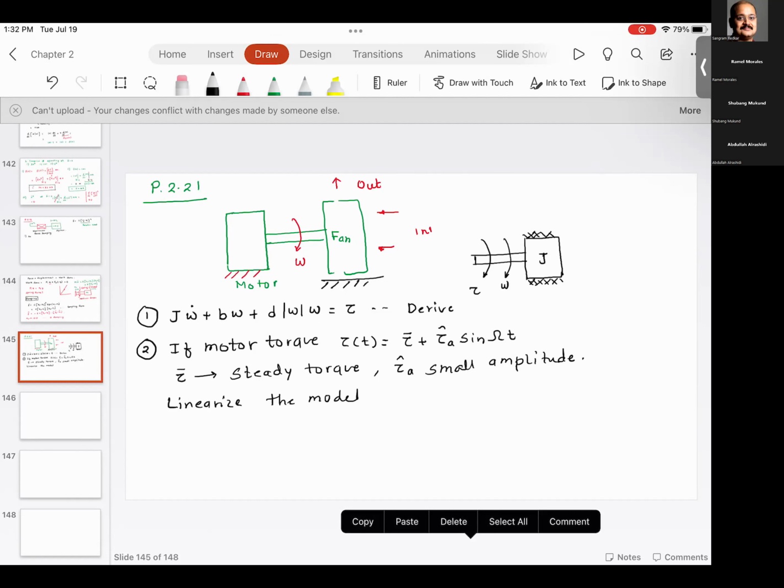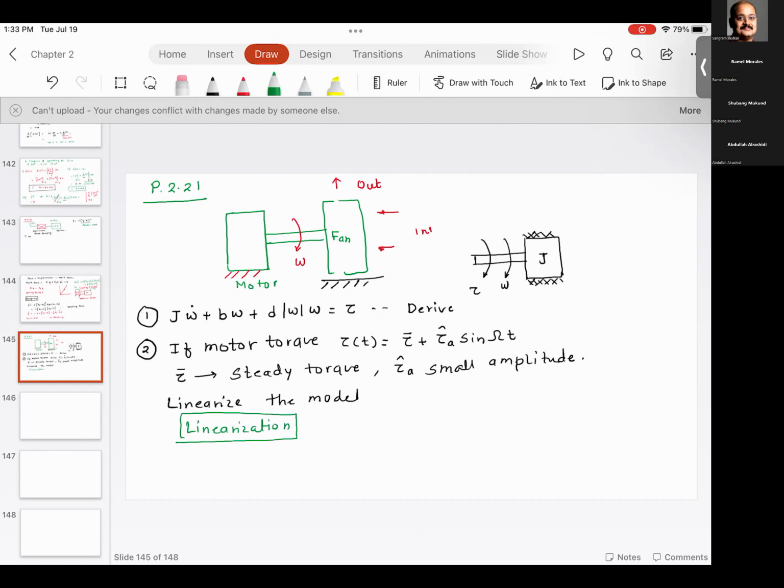So in last class, we talked about the linearization. Now this linearization could be about a fixed point, or it could be about constant motion. Now, what do I mean by fixed point?